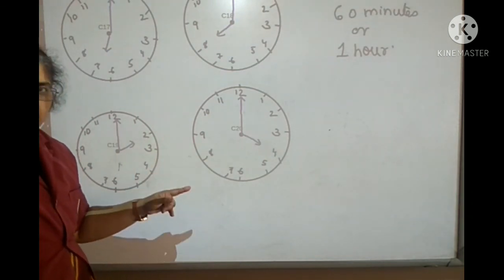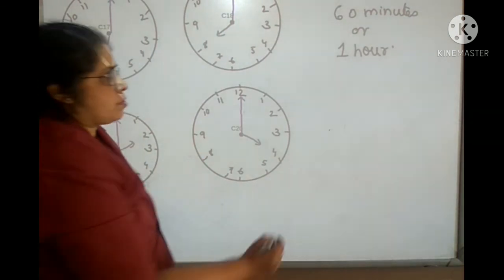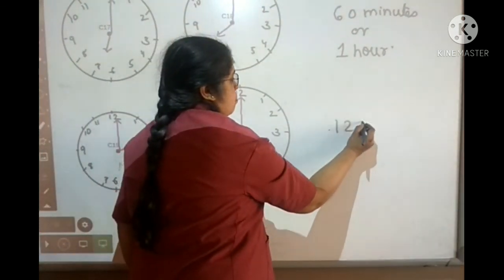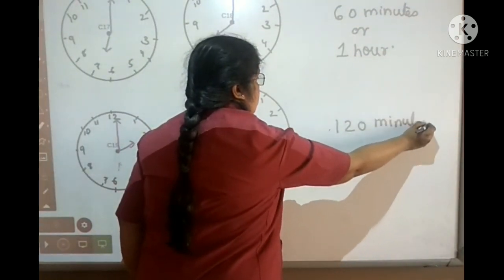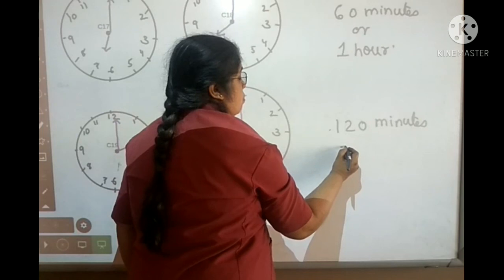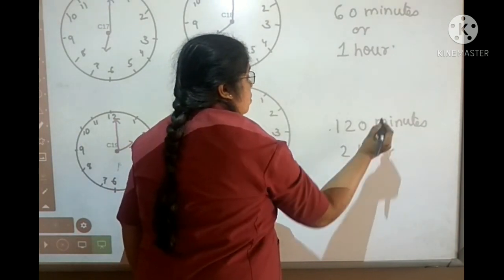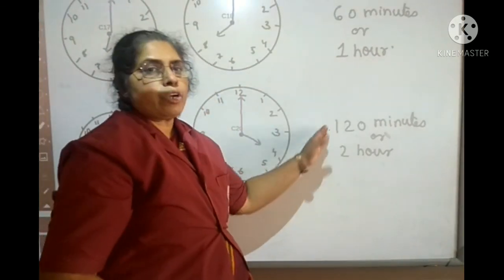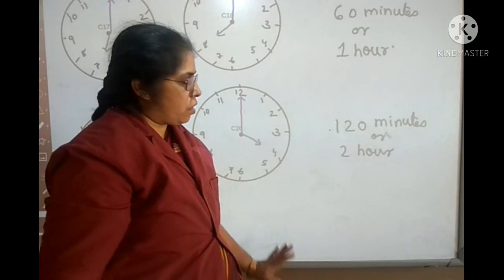That means 60 plus 60, 120. 120 minutes pass. Any one of you can write 2 hours or 120 minutes pass.